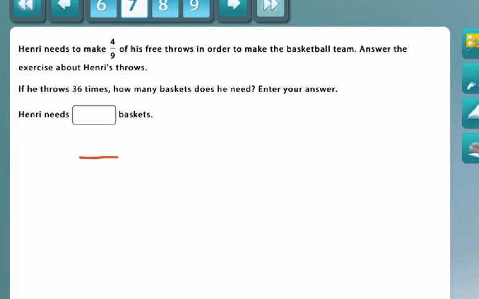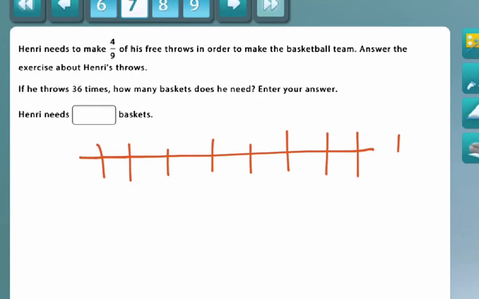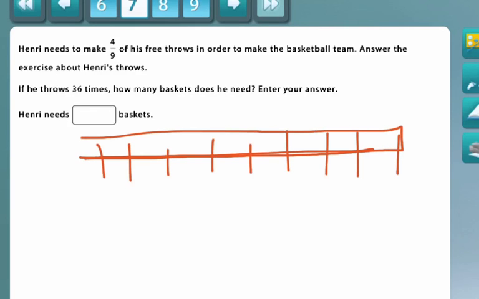A quick hint on that is when you draw your fraction bar model and you need ninths, don't draw your whole model first and then try to come up with your ninths. Just go ahead and count 1, 2, 3, 4, 5, 6, 7, 8, and 9. That will give you the unit fractions that you need. So that would be equivalent there to 9/9.